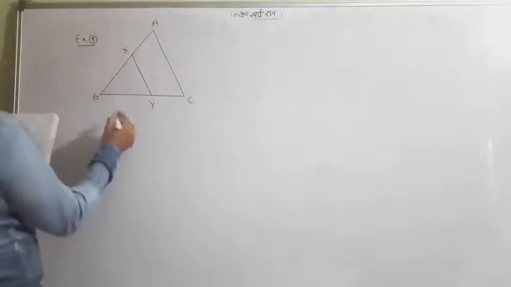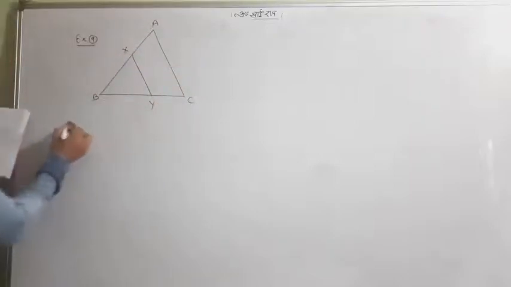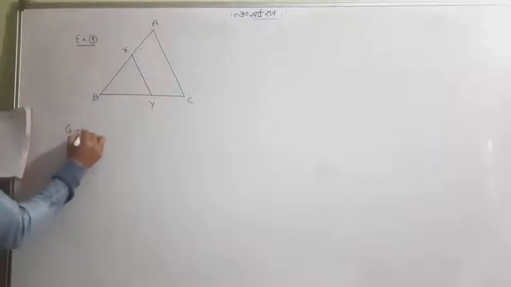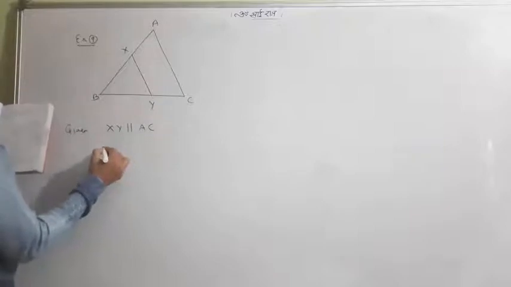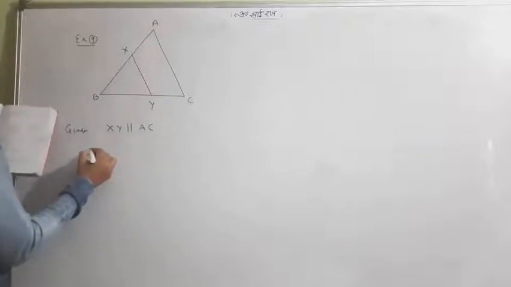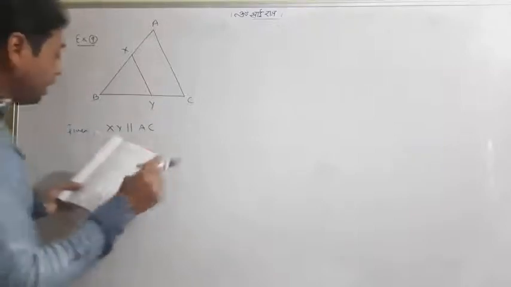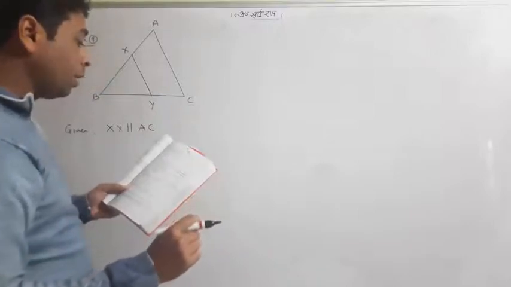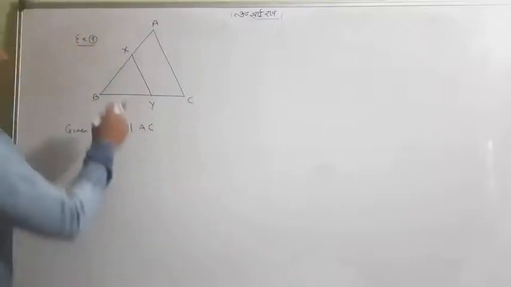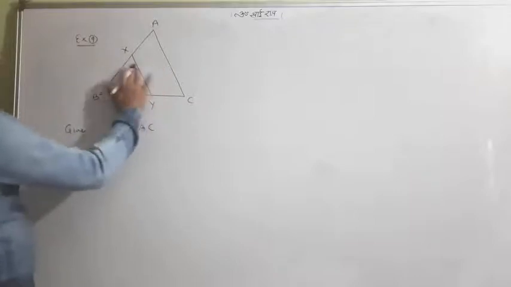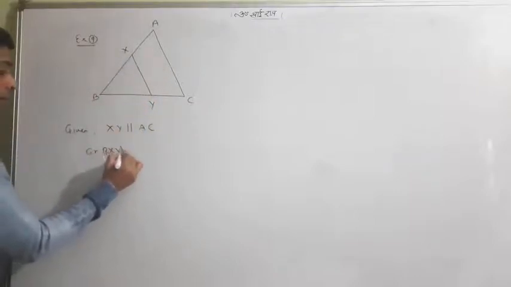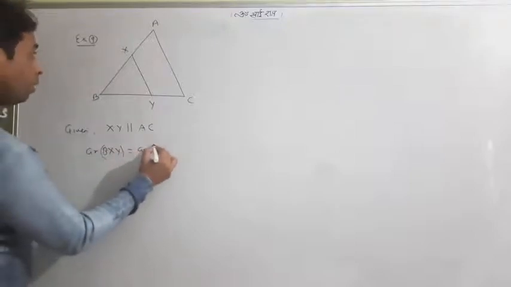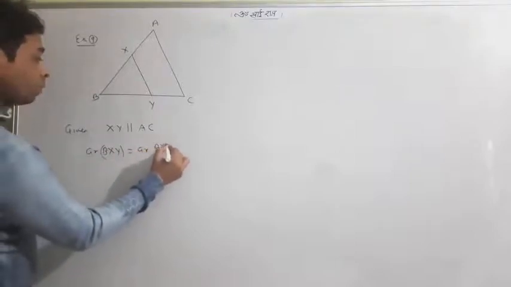The question says, given that XY is parallel to AC, it also divides the whole triangle into two parts of equal areas, meaning area of BXY is equal to area of AXYC.